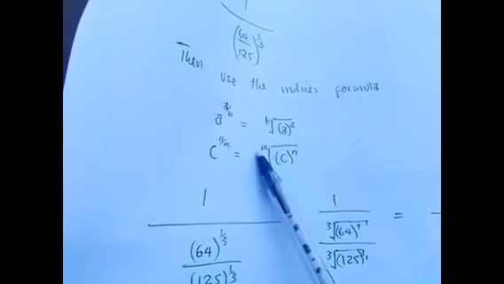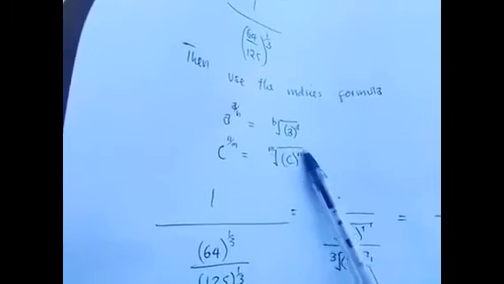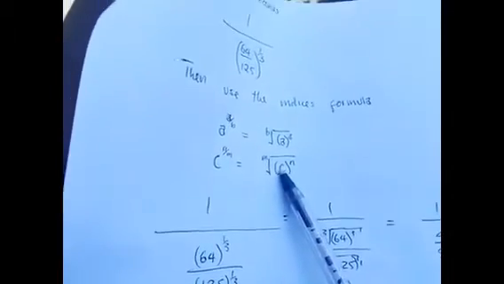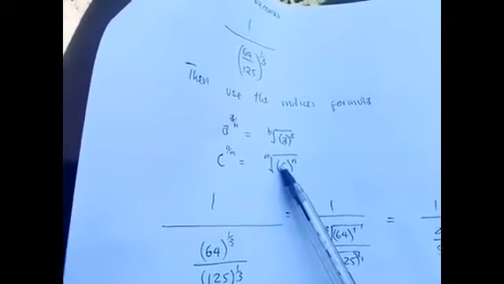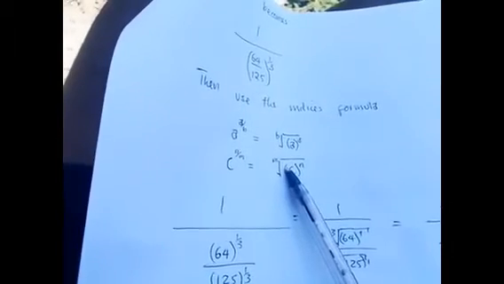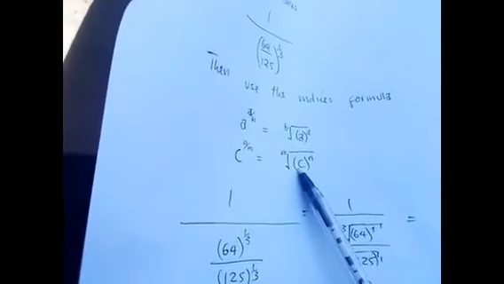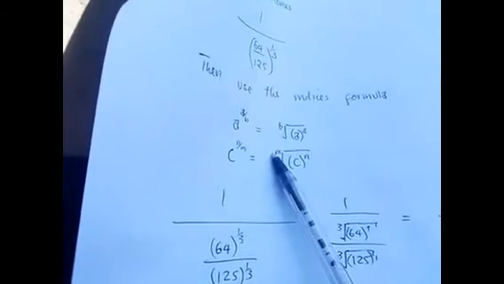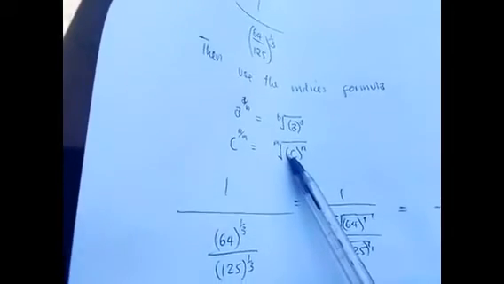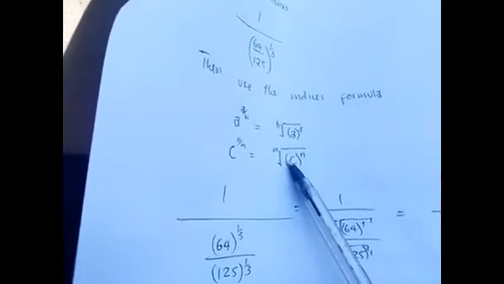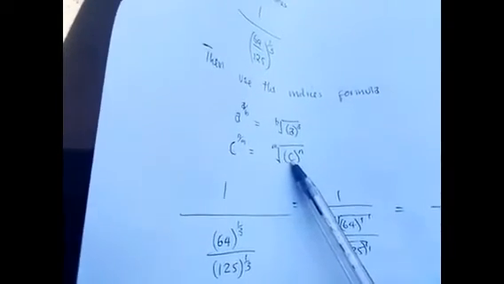So if m is 3, meaning we are looking for the cube root of this number. Cube root means the number which you can multiply 3 times, the same number, and it has to give you this number. If it's 4 here, meaning it's a 4th root, you have to look for the number which you can multiply repeatedly 4 times, and then it has to give you the value c.